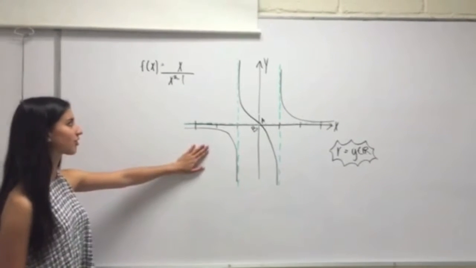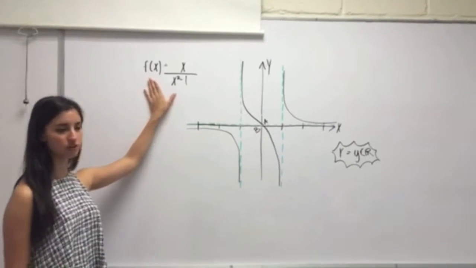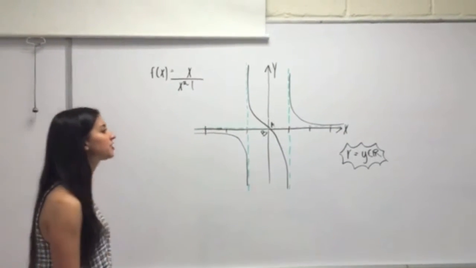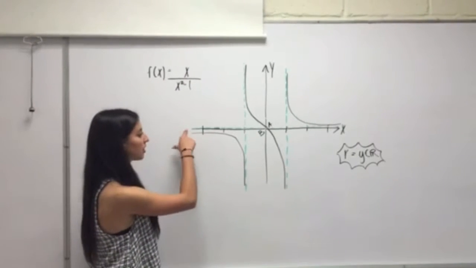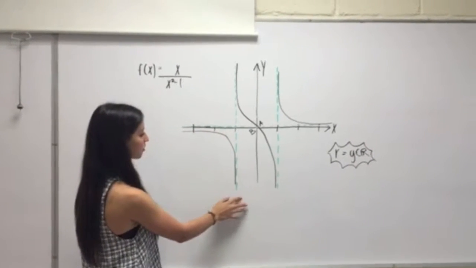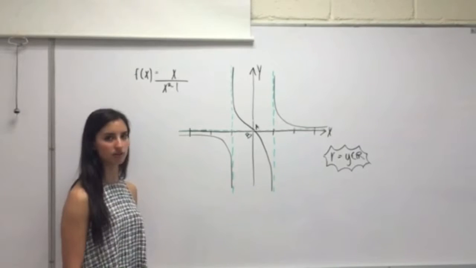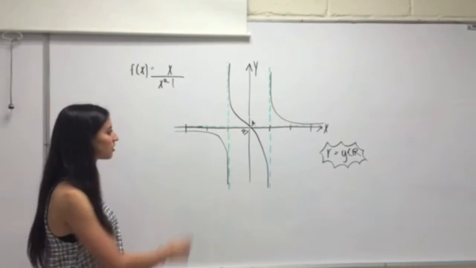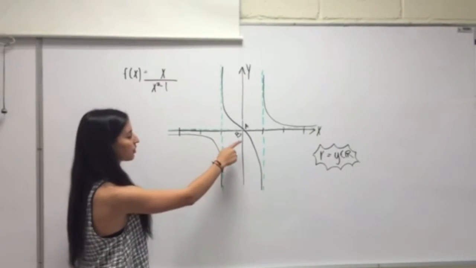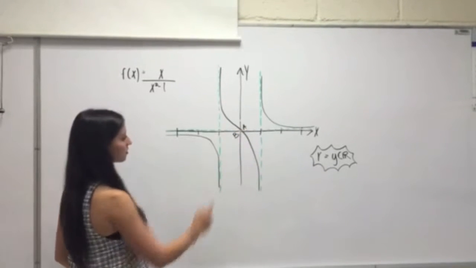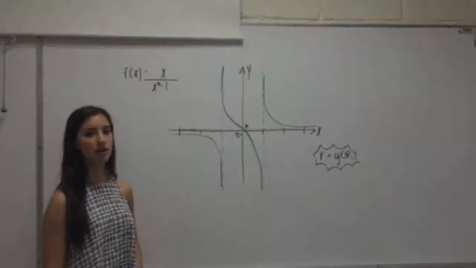So this is our graph for this function, its first derivative and its second derivative. We have vertical asymptotes at minus 1 and 1, and a horizontal asymptote at 0, and our point B and point A is (0, 0).